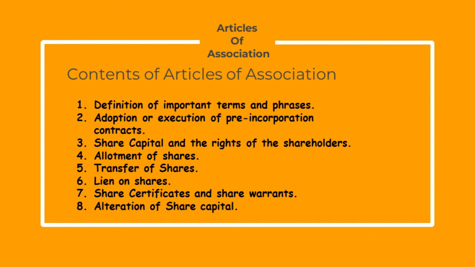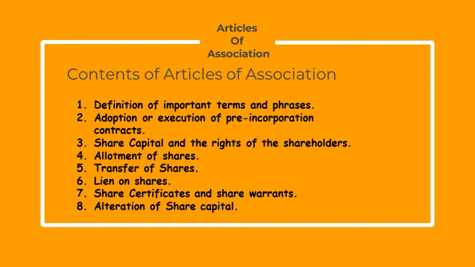Next one is, alteration must not increase the liability of the existing shareholders. That means, for example, if you purchase one share of rupees 10, your liability is only rupees 10. By inserting a clause in your articles, you cannot say that not only 10 rupees, you must pay an additional 2 rupees. That means you cannot increase the liability of the existing shareholders.